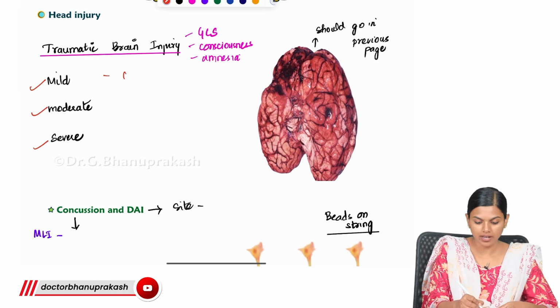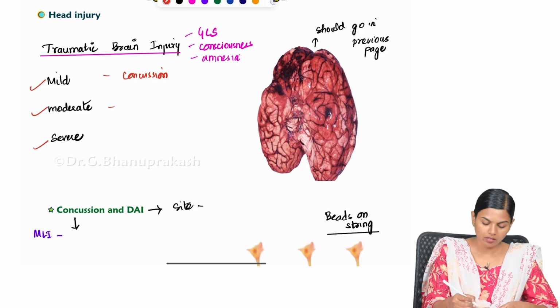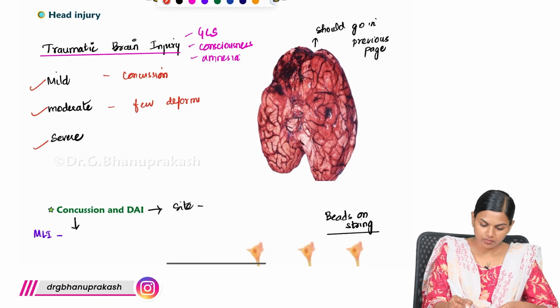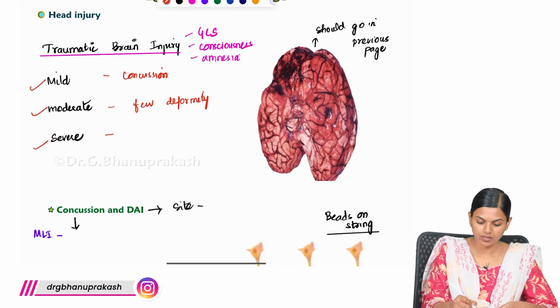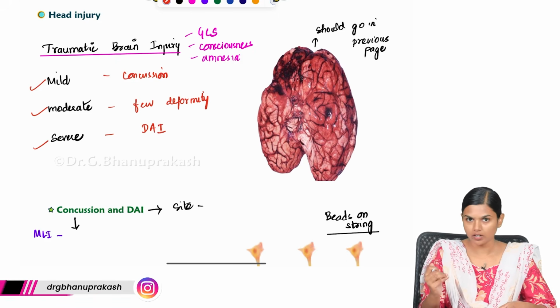In mild, simply a concussion will come and they will be all right. In moderate, there can be a few deformities. And severe will result in diffuse axonal injury. So all these are the grading of traumatic brain injury.